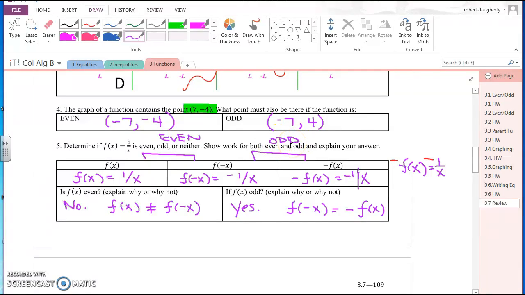So your explanation is just looking at the headings. So why is it odd? Look at the last two columns: f of negative x equals minus f of x. Why is it not even? f of x does not equal f of negative x. That's the end of page 1 of the review.